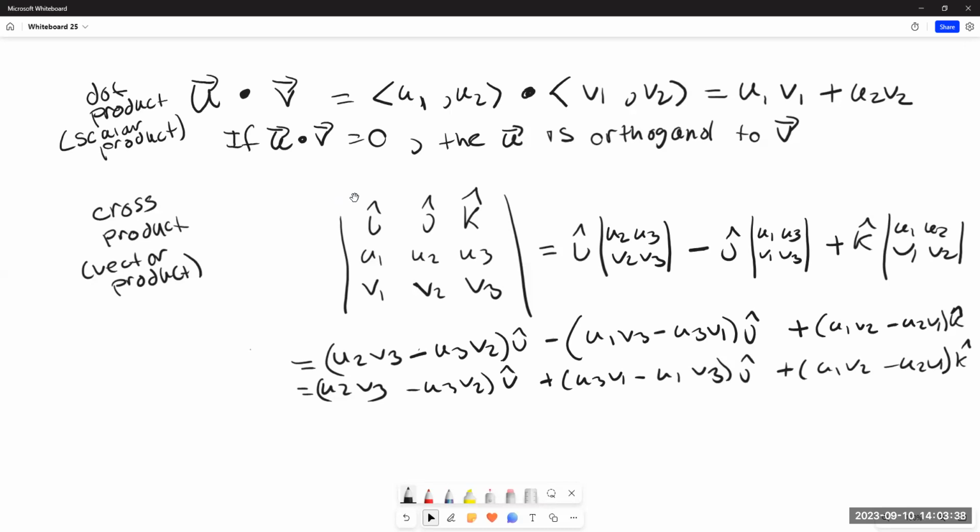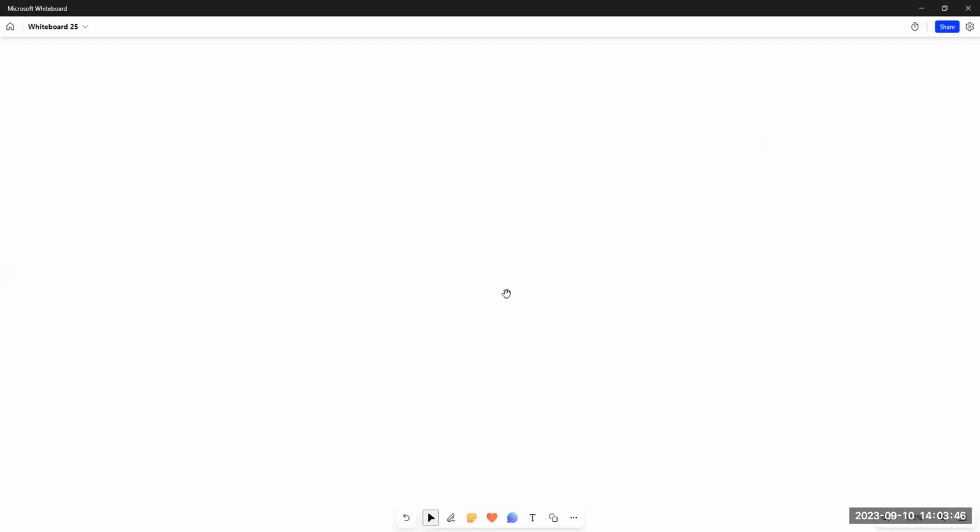So now one other item that I'd like to mention is that we can use the idea of vectors to help us deal with complex numbers, because complex numbers z equals a plus bi.